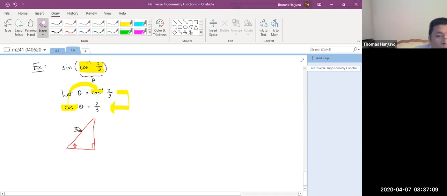It should be 2 here. Okay, so from cosine theta equals 2 over 3, I fill in the triangle. Now then, what will this be? Apply Pythagorean theorem.